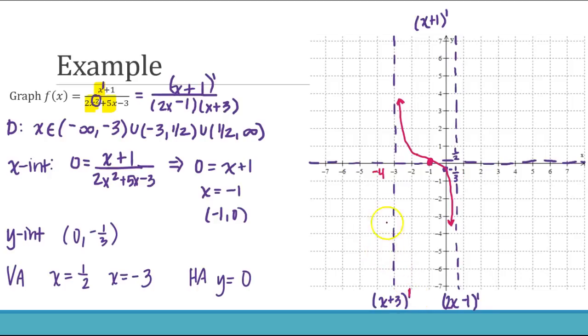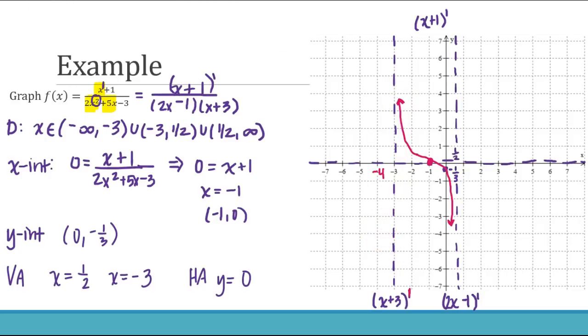And what I'm remembering here is that when an asymptote has a multiplicity of 1, then it's going to behave like 1 over x. And 1 over x had one side of the asymptote going to positive infinity, then the other side had to go towards negative infinity.